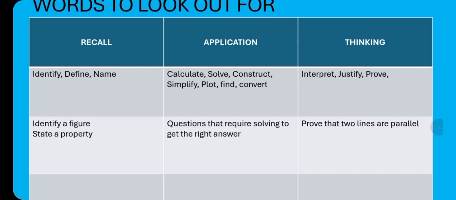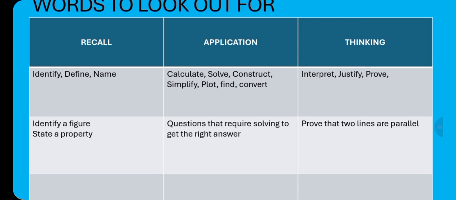Now, in my previous video about science, I explained how the questions can be grouped into three categories. We have the recall questions, application questions, and then the thinking questions. And the same applies in mathematics. Now, when a question is expecting you to recall, this has to do with things you have memorized. You see a question like identify, define, or name.